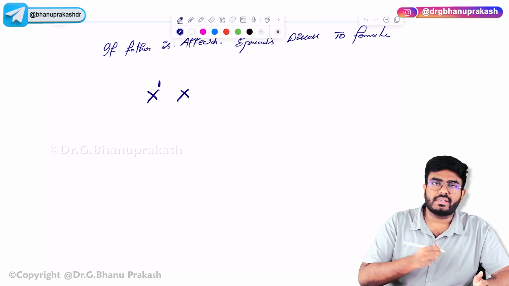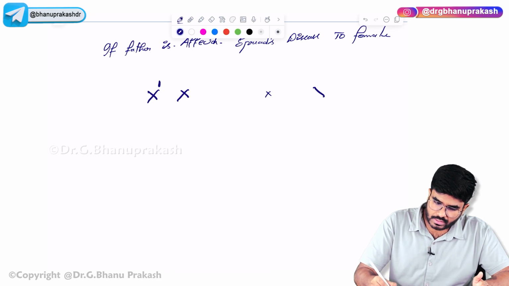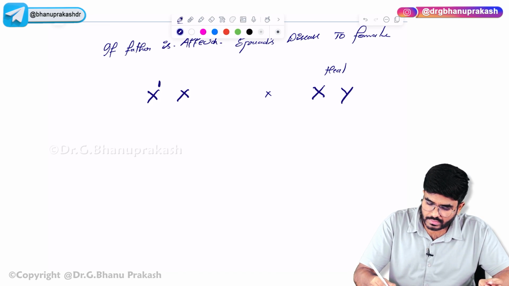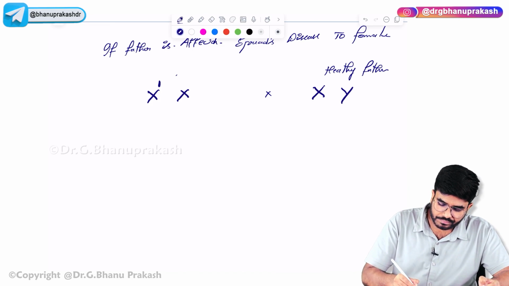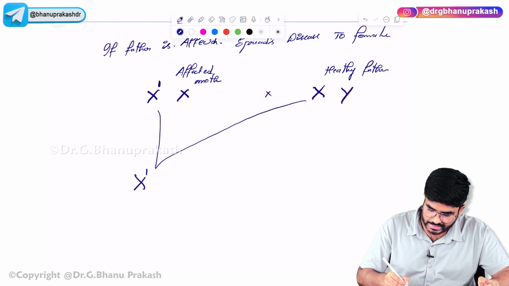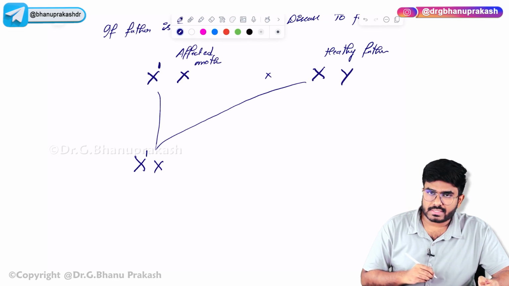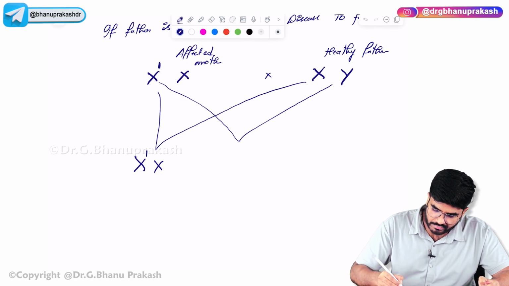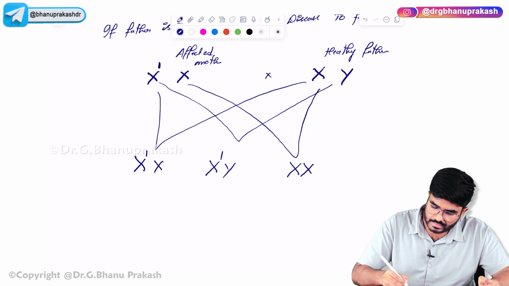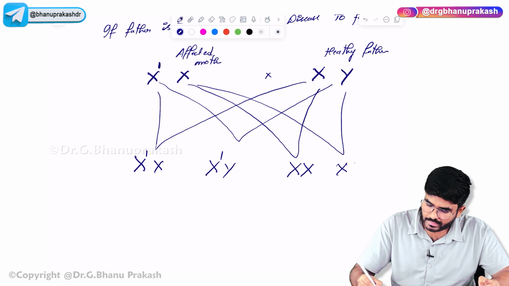So mother is affected, X dash, crosses with healthy father, X and Y. Now what happens? See, X dash and X, X dash and normal X, X dash and Y, X and X, X and Y.